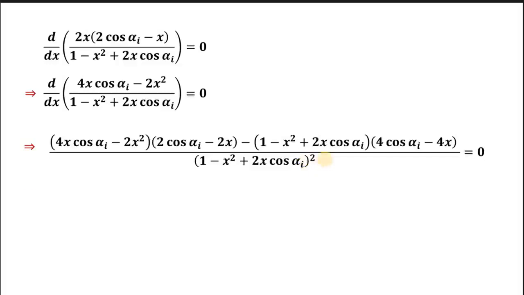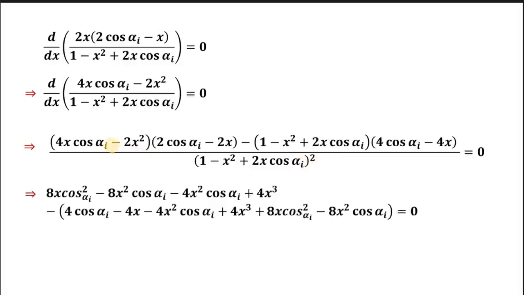I hope this is clear. Now you can further simplify this equation. The denominator will go on the right hand side, and it will become 0. Then simplify by multiplying these two terms and these two terms. This will be the final equation.